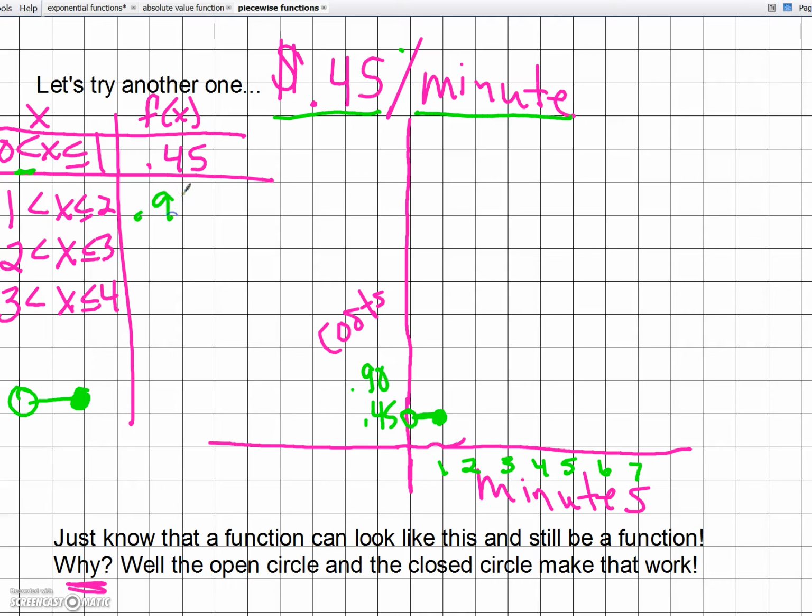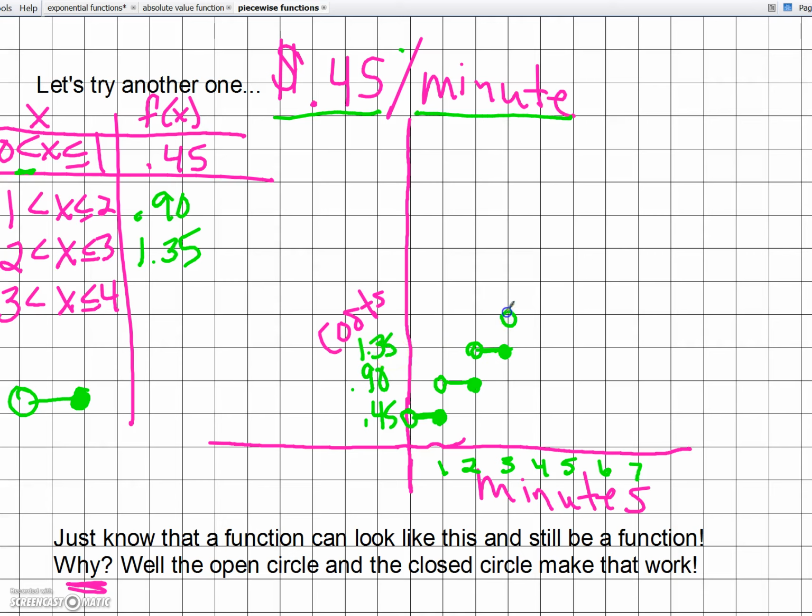I've already paid for my 1 minute, so anything more than a minute to 2 minutes will cost me 90 cents. Then I keep adding 45 cents, so this is $1.35. Anything over 2 minutes to 3 minutes costs me $1.35.